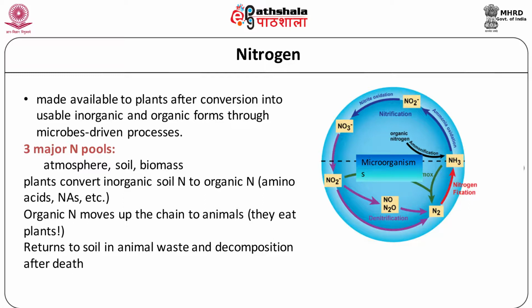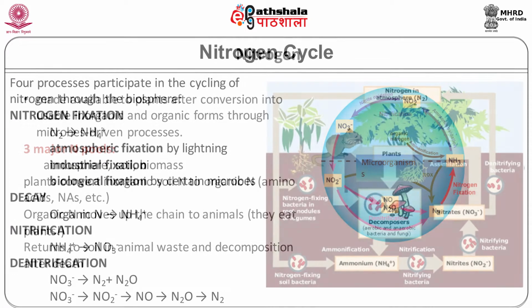Plants convert inorganic soil nitrogen to organic nitrogen, that is amino acids and nucleic acids, etc. The organic nitrogen moves up the chain to animals as they eat plants, and nitrogen returns back to the soil in the form of animal waste and decomposition after death and decay of organisms.